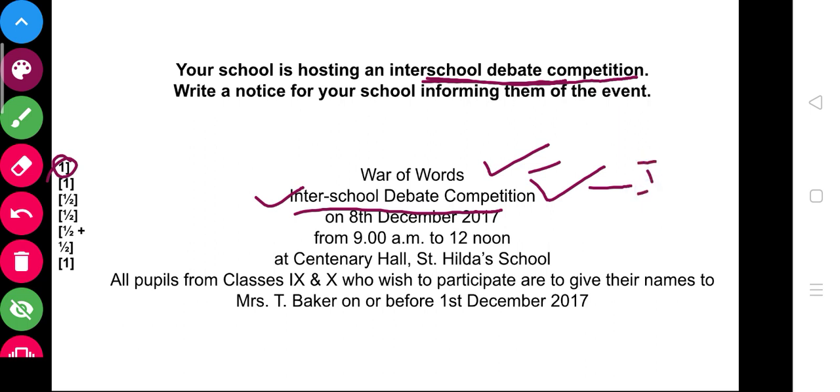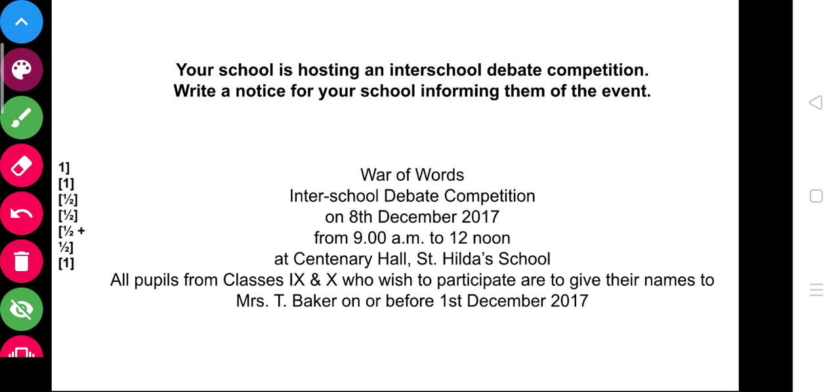Then the date, I told you how to write the date. Firstly comes the date, then the month, and then the year. Then comes the timing. The timings option is given here, and you can write the timing the same way, it's not a problem, but make sure that you are not writing the night time. It should be clear to you, the night time should not be written.